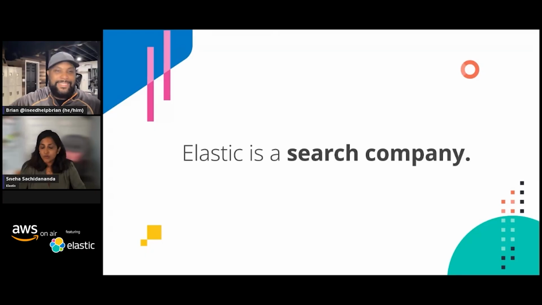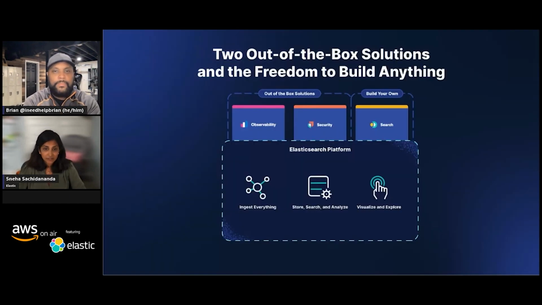Yep, absolutely. So let's dive into that. You ask anybody who's familiar with Elastic, the number one thing that you'll hear about is Elastic is a search company. But much more than that, when you dive a little bit deeper, you'll also understand that there is an Elasticsearch platform, and we have different out of the box solutions that are built on top of the platform.